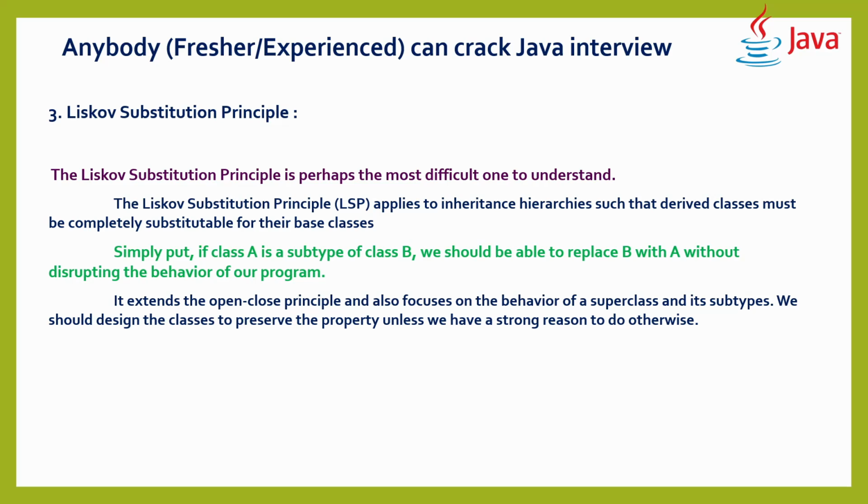I can simply put it like this: if class A is a subtype of class B, we should be able to replace B with A without disturbing the behavior of our program. Sorry, derived classes should be replaceable with base classes. It extends the open closed principle and also focuses on the behavior of the superclass and its subclasses. We should design the classes to preserve this property unless we have a strong reason to do otherwise.